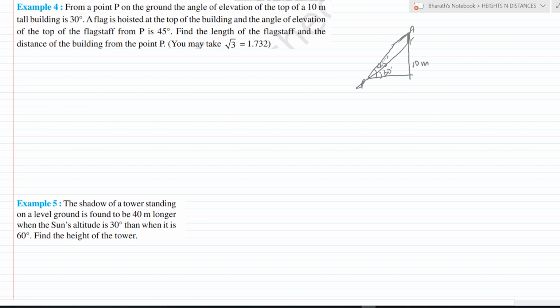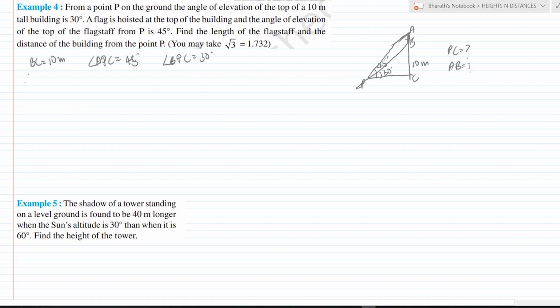We'll name these A, B, C. They're asking to find the length of the flagstaff and the distance of the building from point P. So they're asking AB and PC, right? What do we know? We know that BC is equal to 10 meter, angle APC is equal to 45 degrees, and angle BPC is 30 degrees.